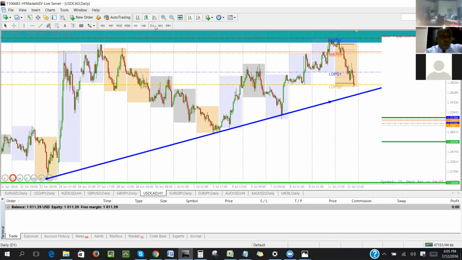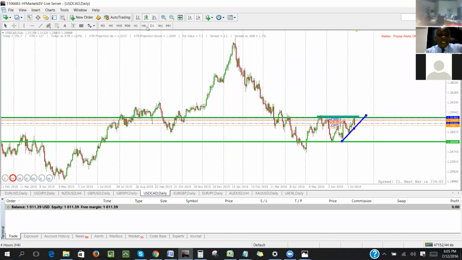But we want to look at what the future order flow is, and how we can benefit from it. The likely order flow we're going to see is for the American dollar to gain against the Canadian dollar. Any question on this? Please, any question? I hope there are no questions, sir.